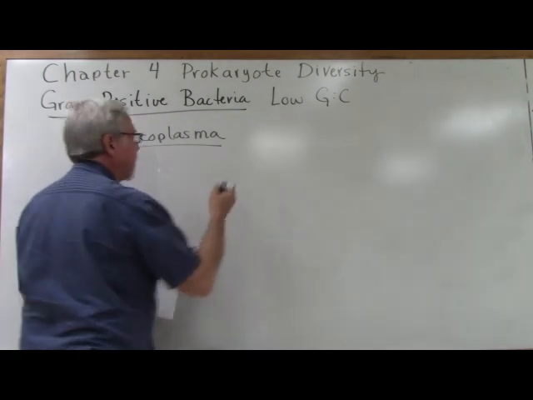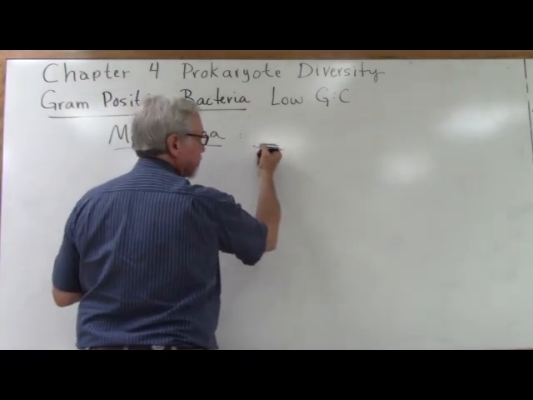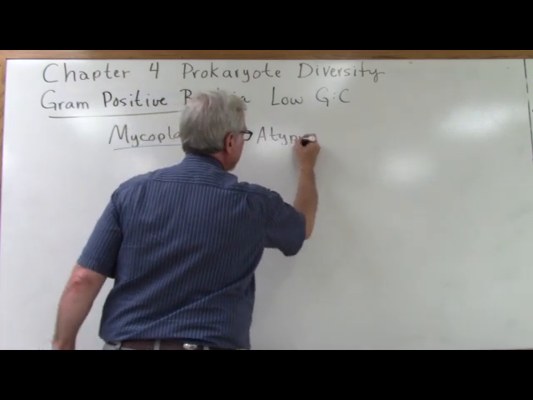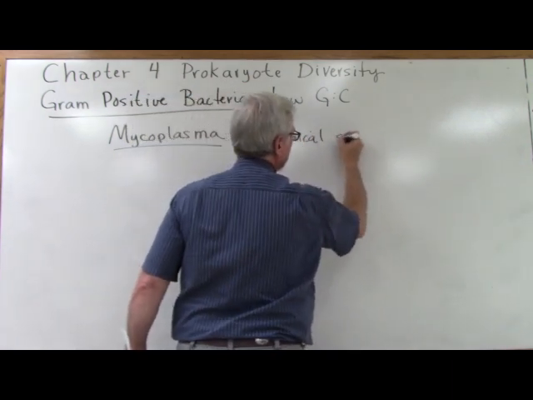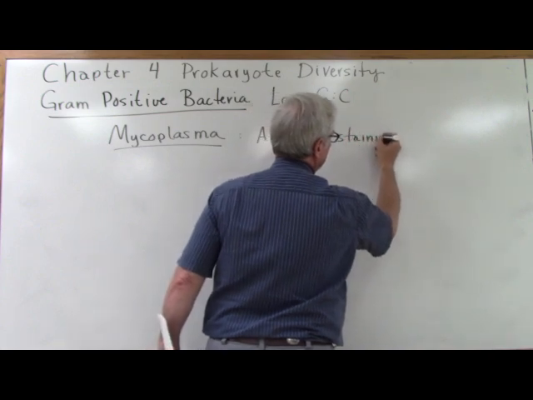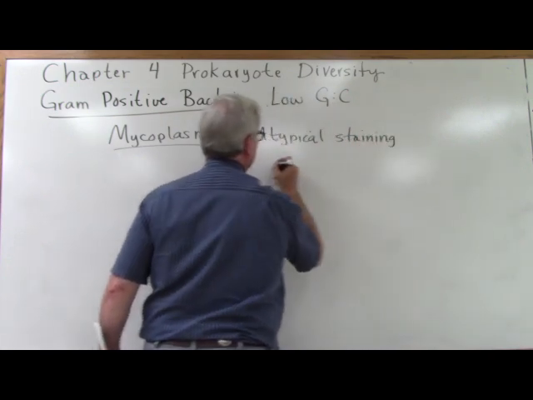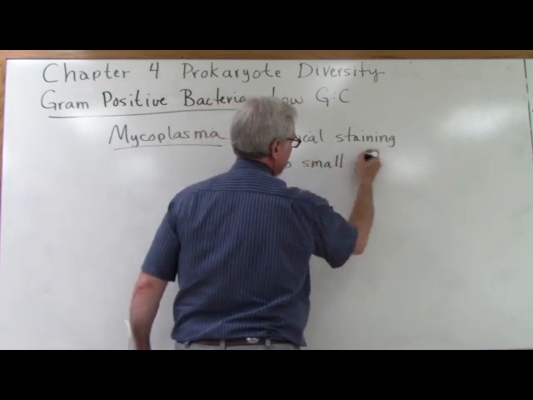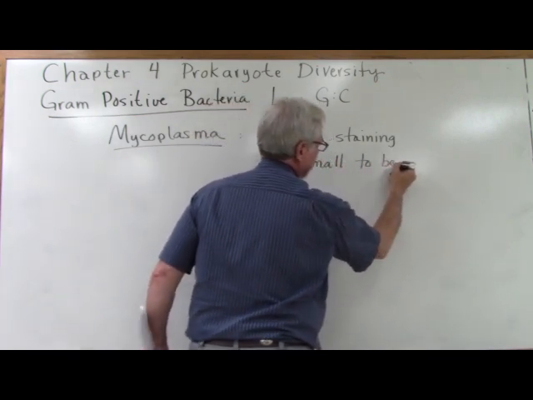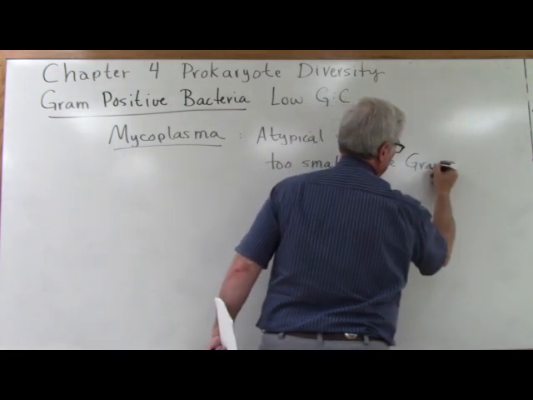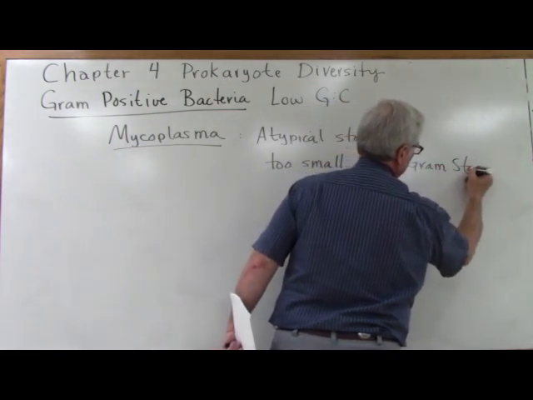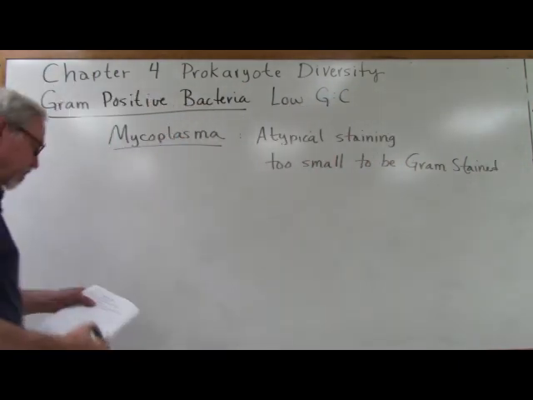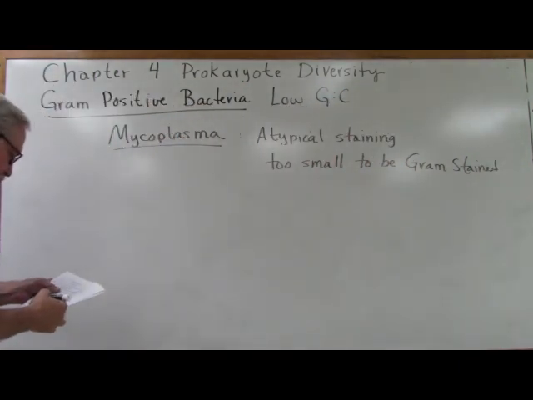So these are so tiny that they cannot be gram stained, so these are what we would call an atypical staining. So they're too small to be visualized with the gram stain.